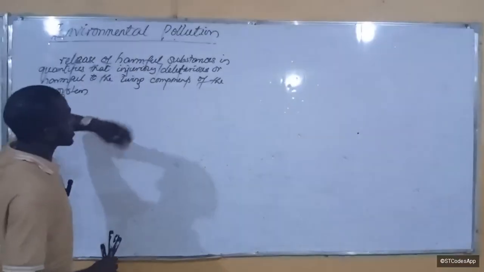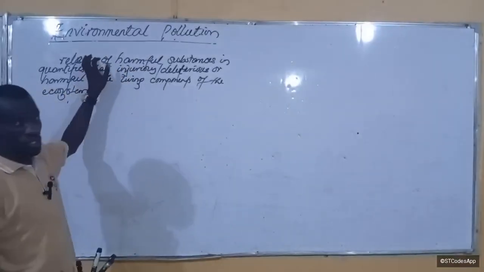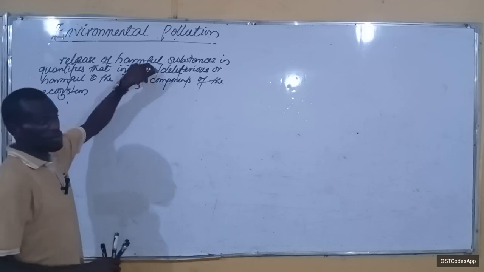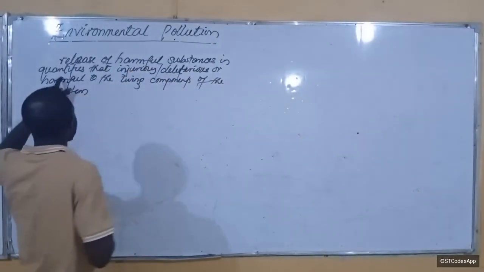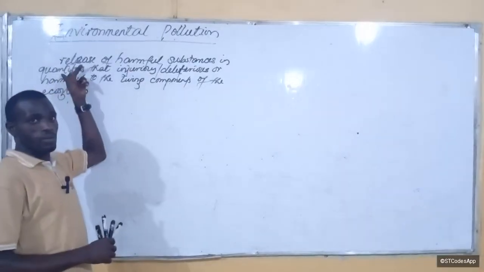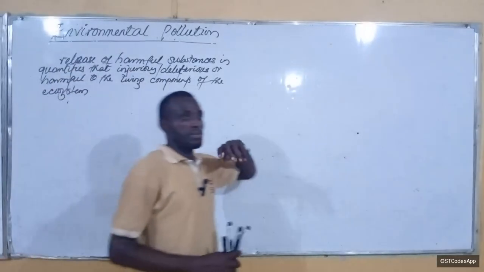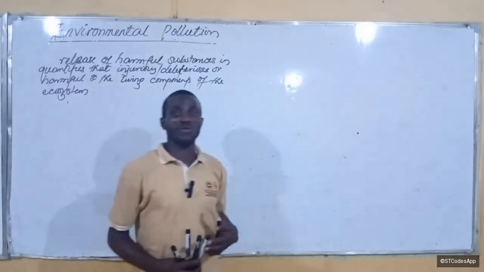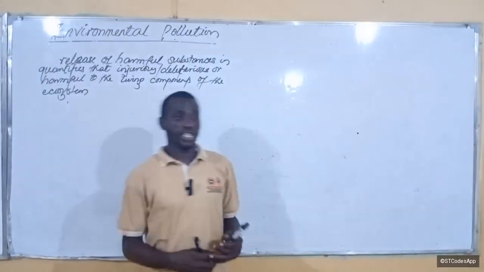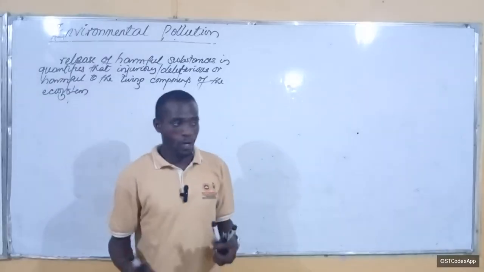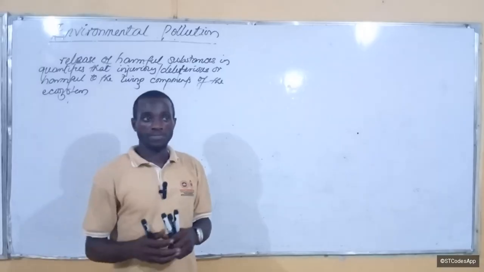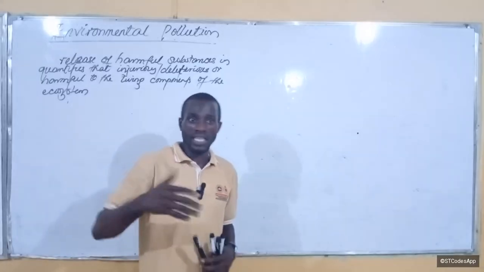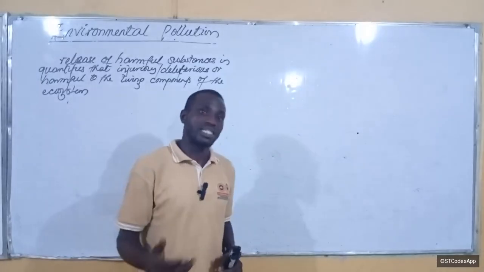So there is the release or discharge of harmful or toxic substances in quantities. Now, quantities is also very important because some of the gases that we already release, or that surround us, are part of the things that constitute pollutants.